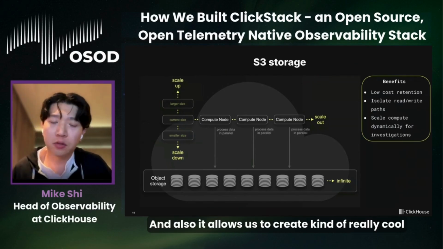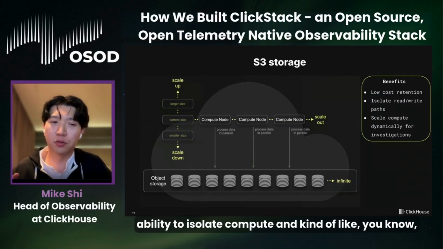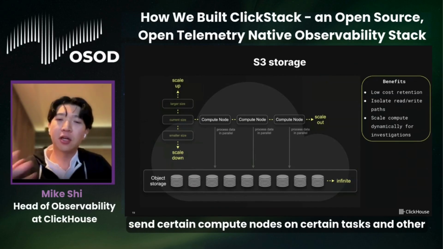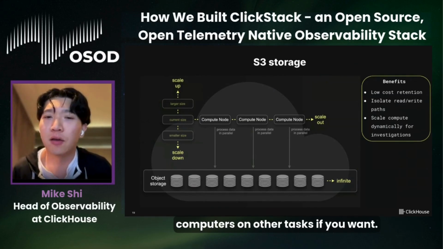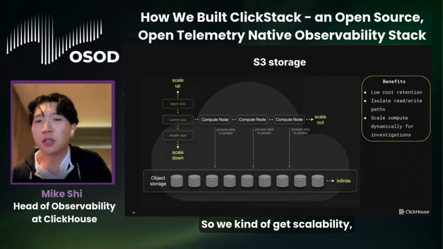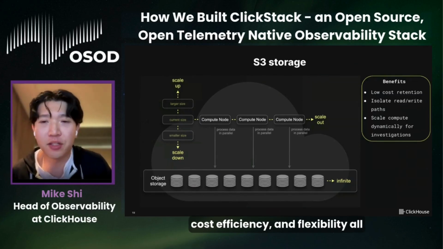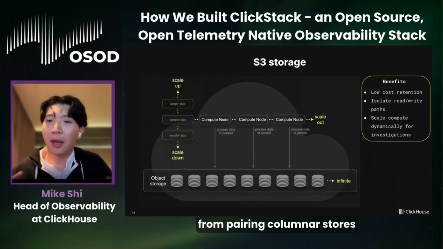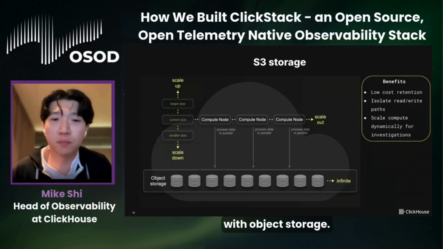It also allows us to isolate compute, and spend certain compute nodes on certain tasks and other computes on other tasks if you want. So we get scalability, cost efficiency, and flexibility, all from pairing columnar stores with object storage.